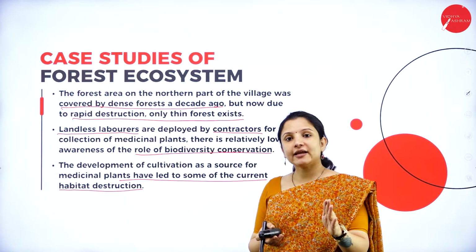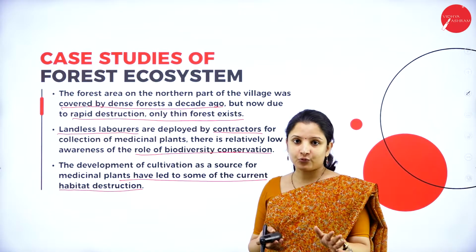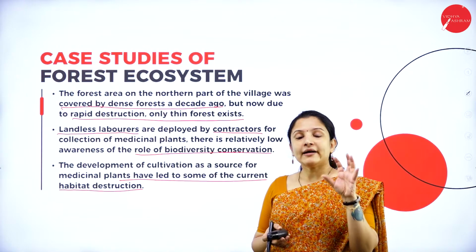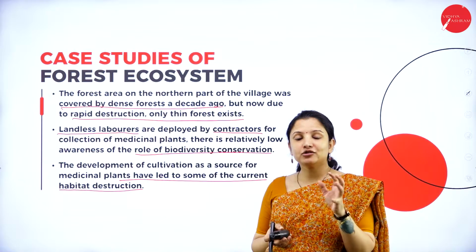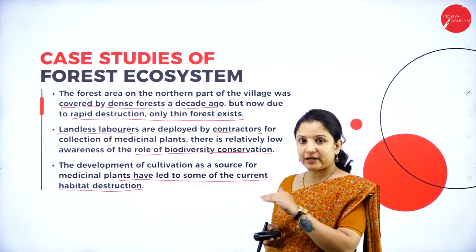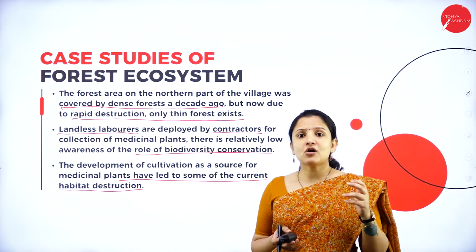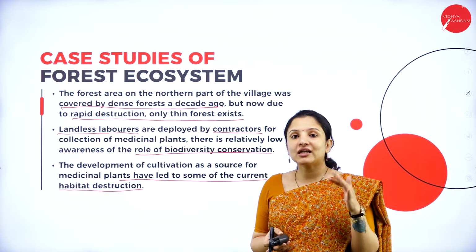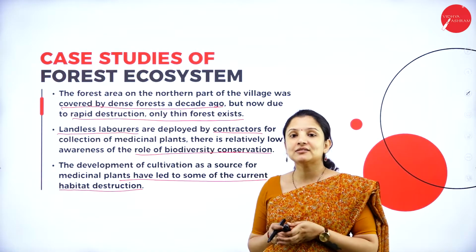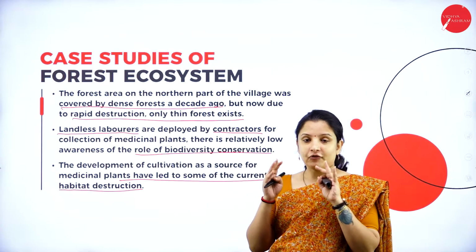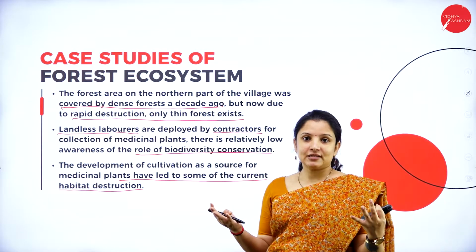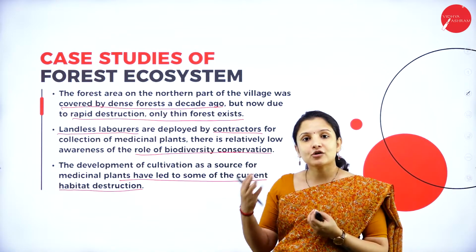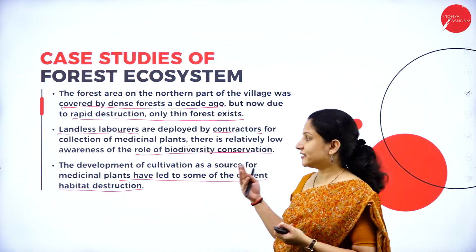So the same thing happened here. The landless laborers were given very less wage, and they were made to work more and collect plant materials or medicinal plant materials by these contractors. The contractors were making quite an amount of money and got even more greedy, so they started persuading farmers who had lands to cultivate medicinal plants on their land.